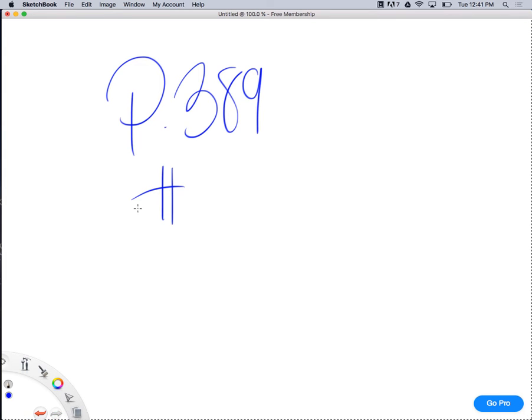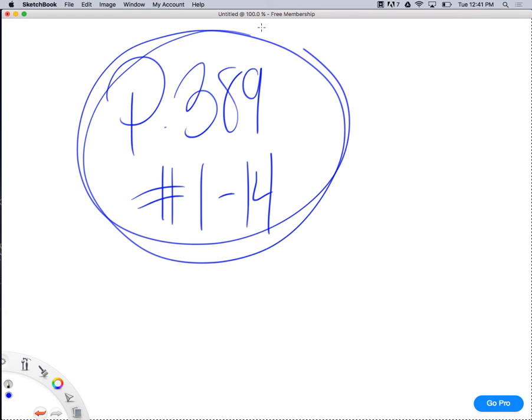Negative b squared minus 4ac. What? Yeah. Let's skip lesson 2. That's what I explained at the beginning of class.